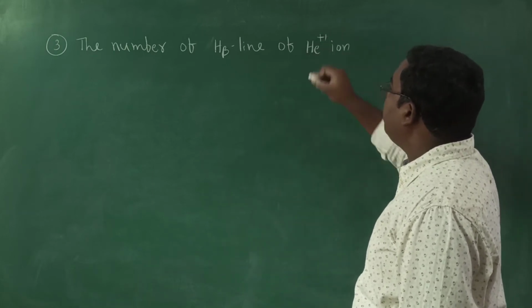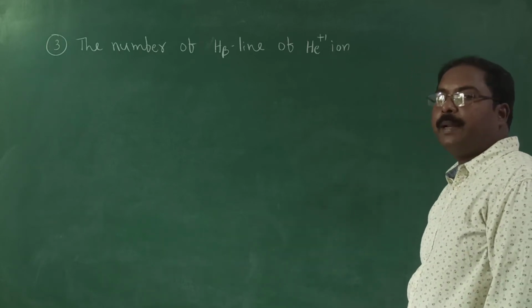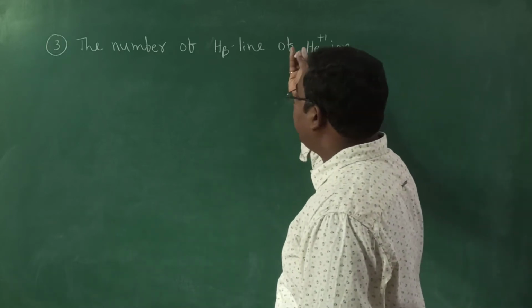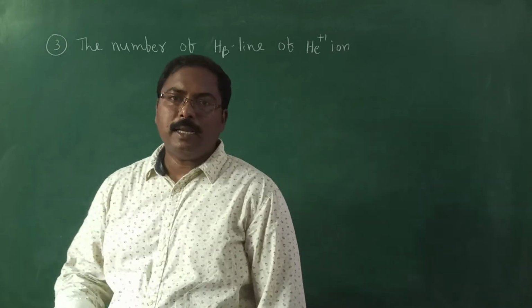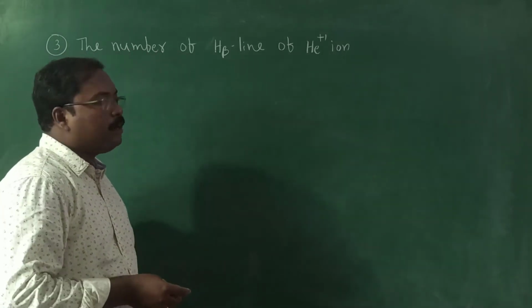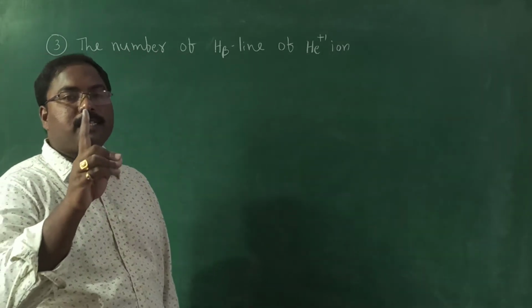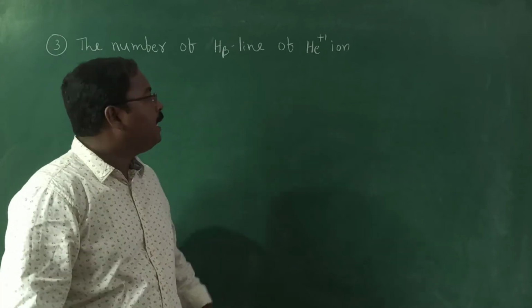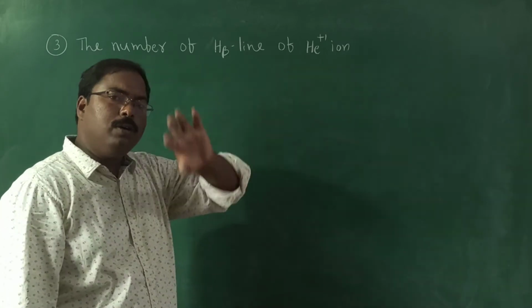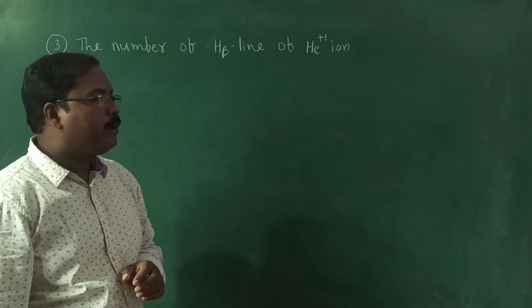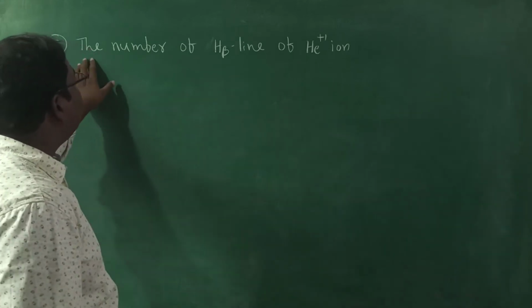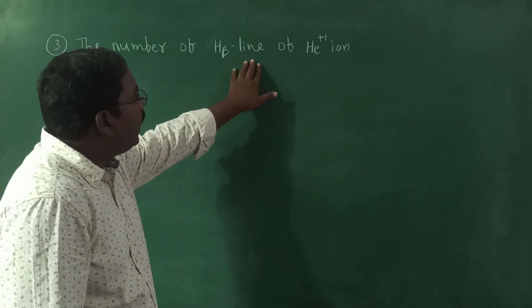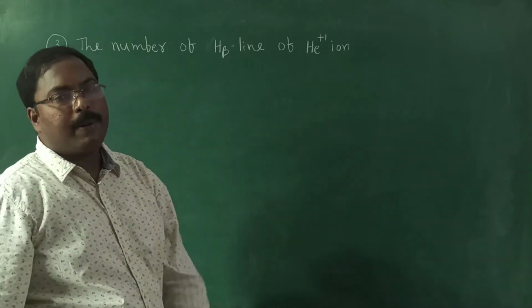He plus means what? Helium atomic number is 2. So He plus means it lost 1 electron, so He plus also contains only 1 electron. So its spectrum is also similar to the hydrogen atom. They are asking the wave number of the H beta line of helium plus ion.